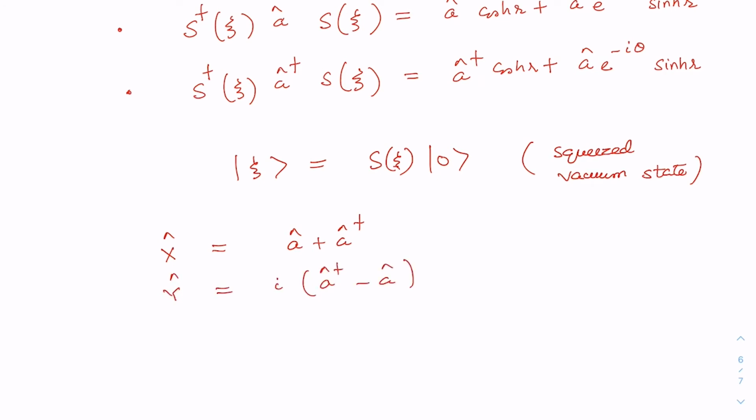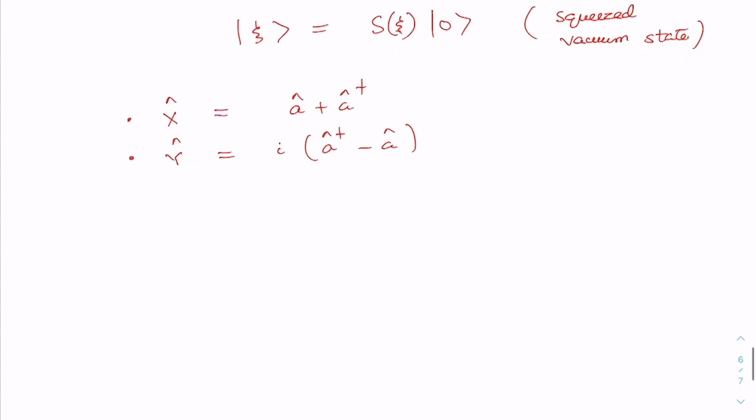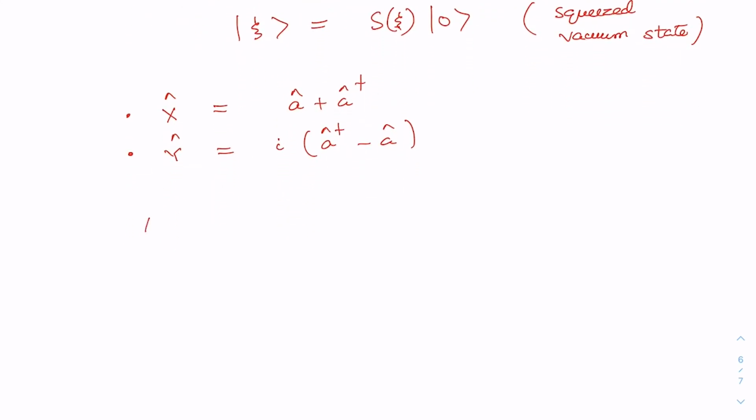As you can see from the construction, x cap is analogous to the position operator and y cap is analogous to the momentum operator. The variance is defined as the expectation value of x squared minus the square of the expectation value of x.